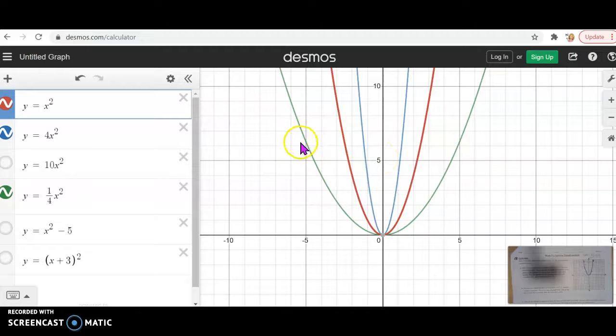To get it to vertically stretch, or get narrower, we put in a whole number. And to get it to compress, or get shorter and fatter, think about when you have clay in art class and you squish it down, it gets fatter, right? Or compresses. So it's kind of weird. To get skinnier, you need a big number, a whole number. And to get fatter or wider, you need a fraction.